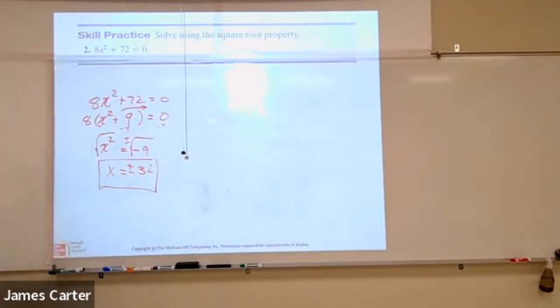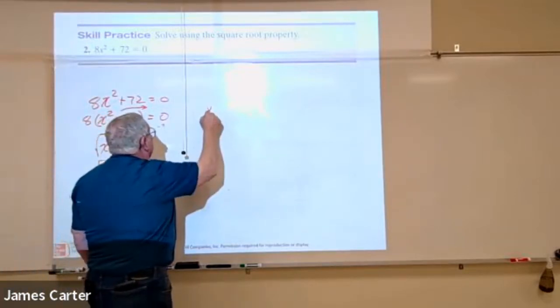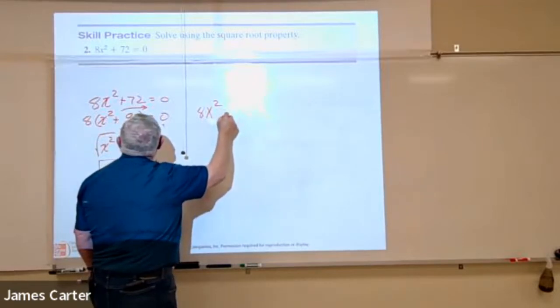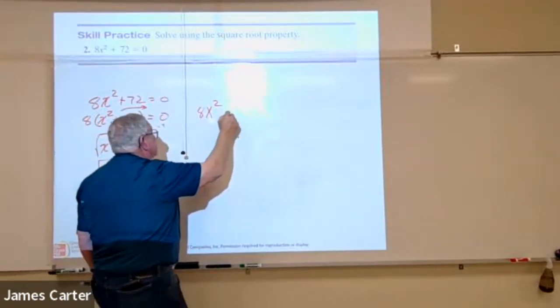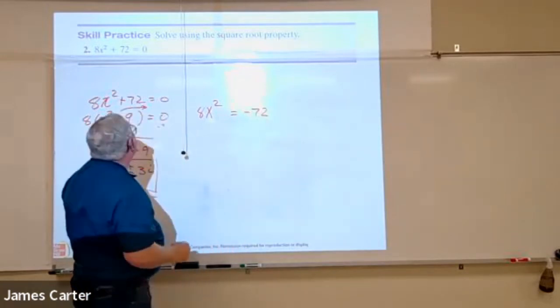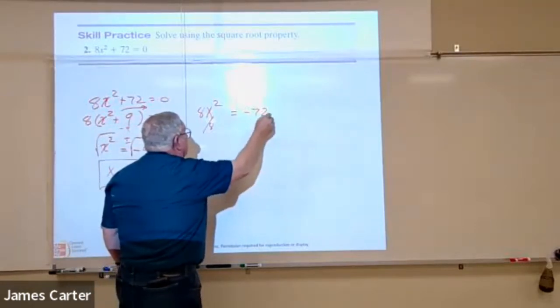Now, the only thing that's different is I could have had the 8x squared, take the 72 over like that, take this over here, and then divide by 8.